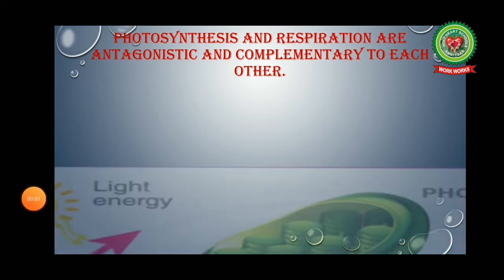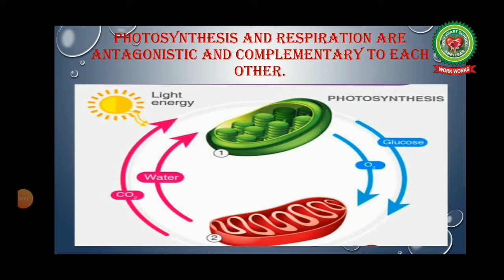So, the end products of photosynthesis, that are glucose and oxygen, are utilized as raw material for the process of respiration, and the end products of respiration, that are carbon dioxide and water, are utilized as raw material for the process of photosynthesis. In this way, we can say that photosynthesis and respiration are antagonistic and complementary to each other.